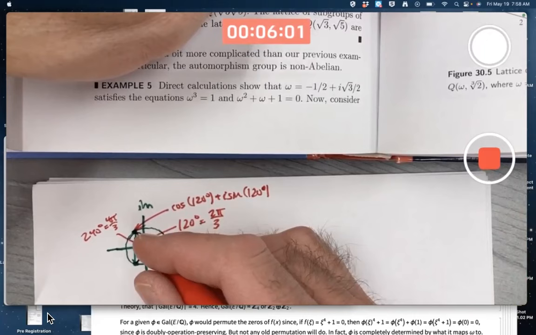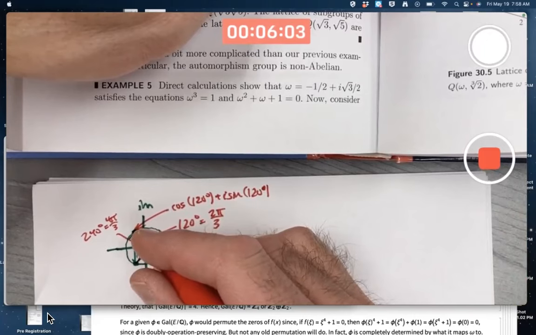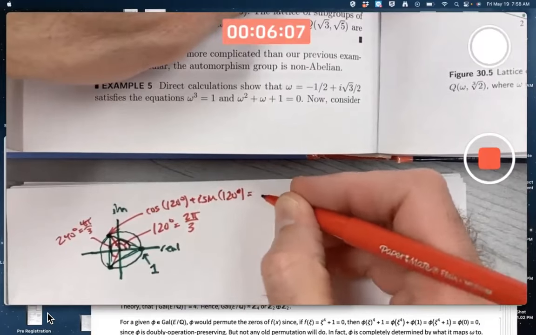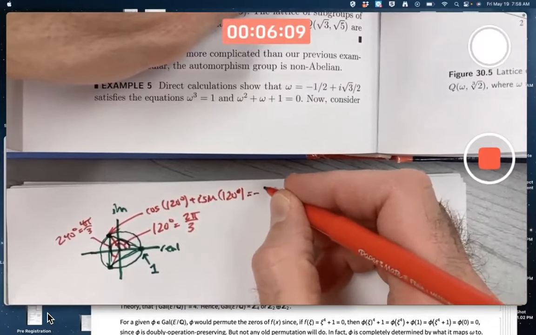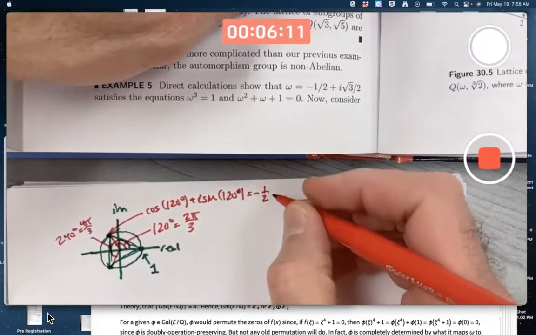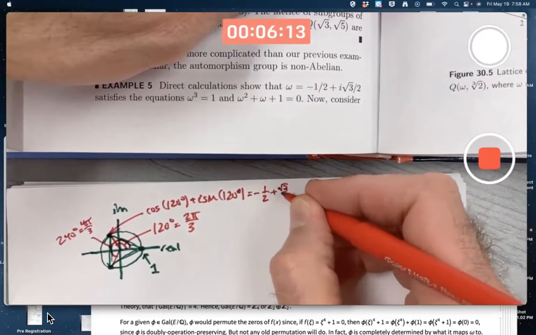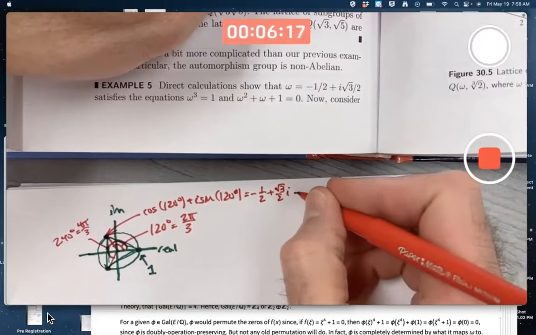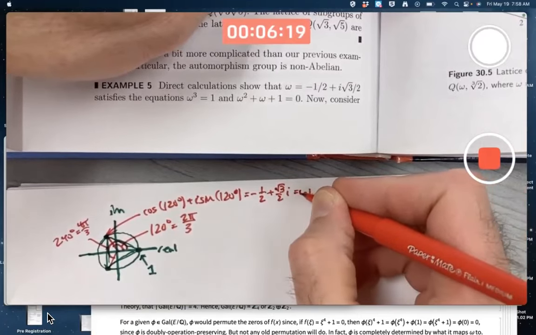Cosine of 120 degrees is the first coordinate of this point, and sine of 120 degrees is the second. And if you've memorized your trig well enough by helping tutor calc students, you know that's -1/2 plus square root of 3 over 2 i. And that is the omega. That's omega right there.